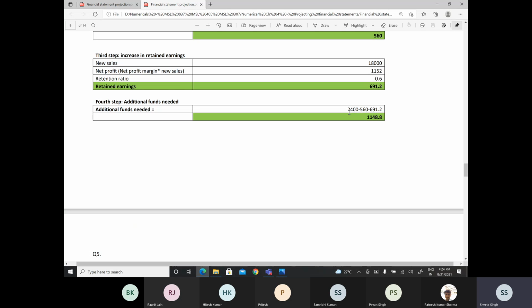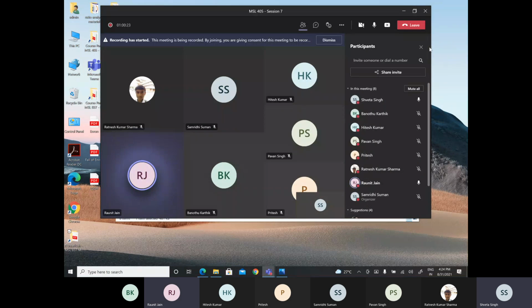Additional funds needed would be 2400 minus 560 minus 691.2, and that is 1148.8. Okay, so this is again step by step how you will calculate both sustainable growth rates as well as the additional funds needed. Okay, so now let us look at the next numerical.